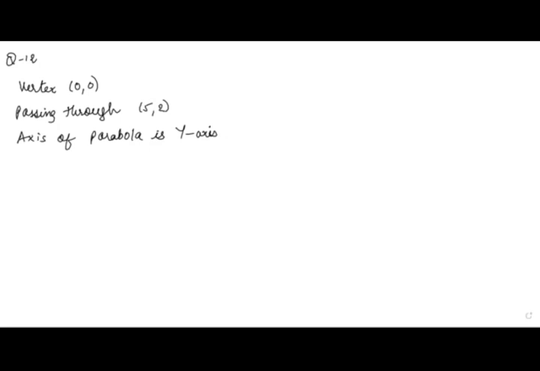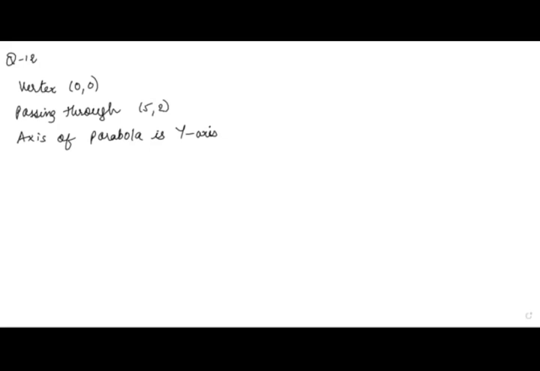Now, try to understand that if the axis of parabola is y-axis, then it can open towards a positive direction of y-axis, or it can open towards negative direction of y-axis. And accordingly, we will have two equations of parabola, that is x square is equal to 4ay and x square is equal to minus 4ay.